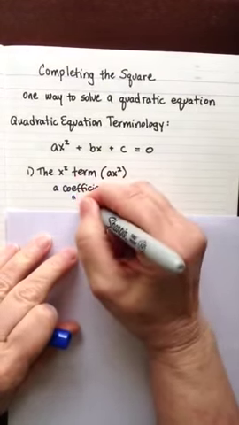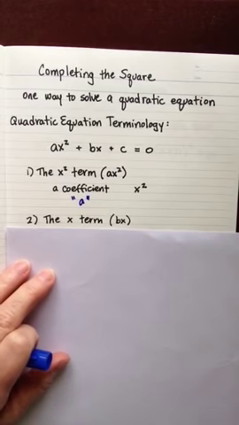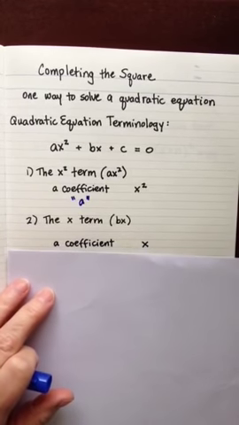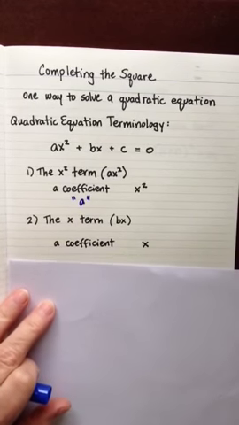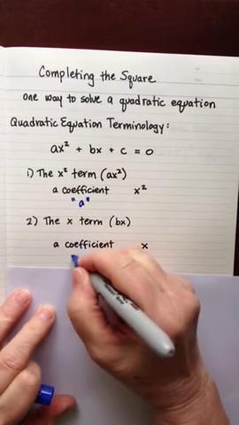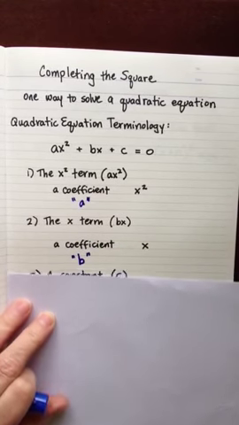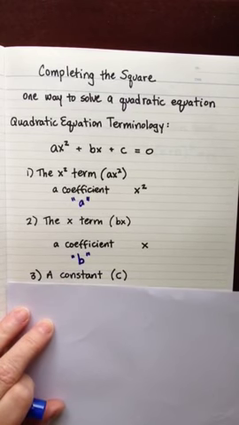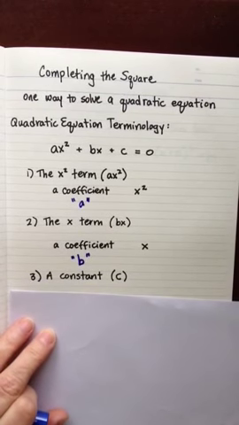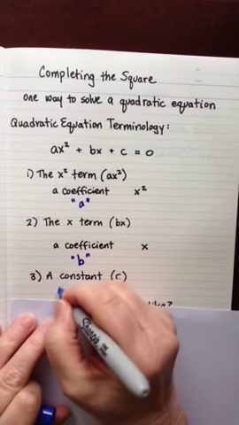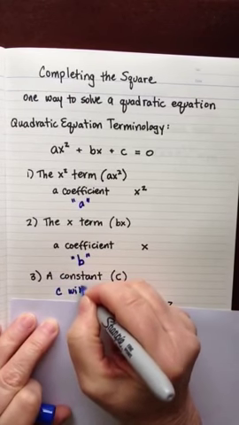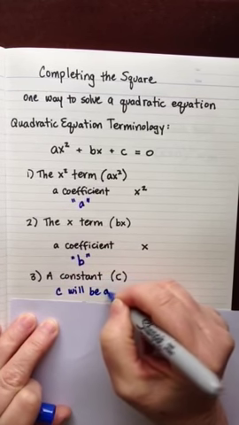Next you have the x term, which in our standard equation is bx, and that consists also of a coefficient and x. The coefficient in this case is b. And finally, you have a constant term, c, which will be a number.